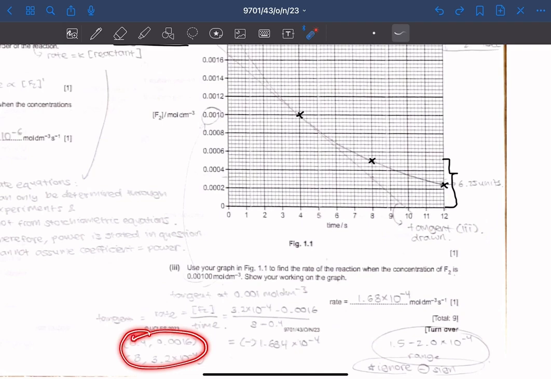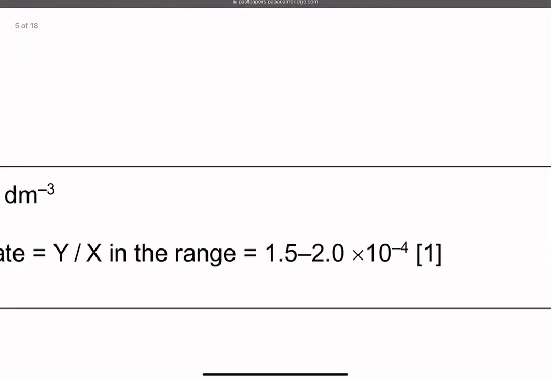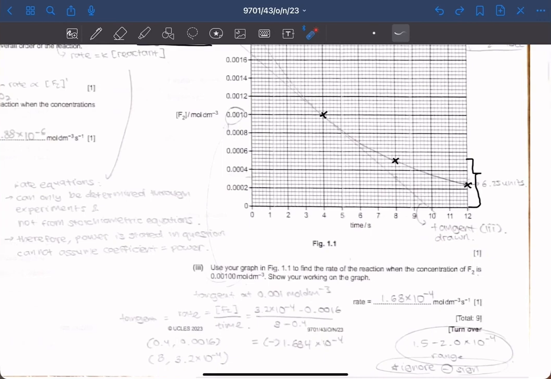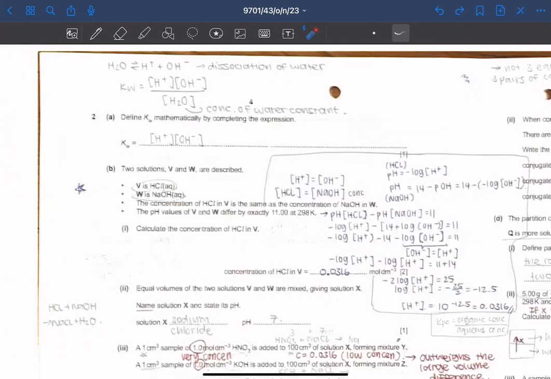Here are the coordinates that I got. The answer key states that they would accept any from the range of 1.5 to 2 times 10 power negative 4. So because mine is within that range, it is accepted.